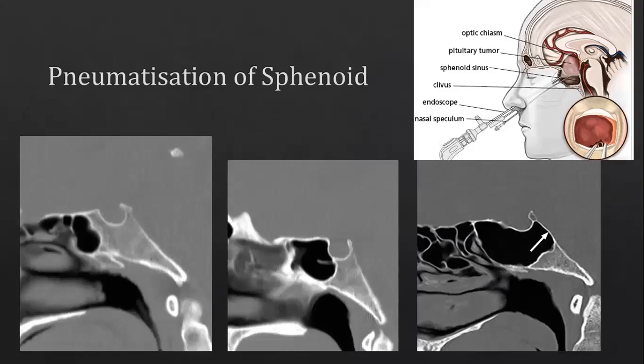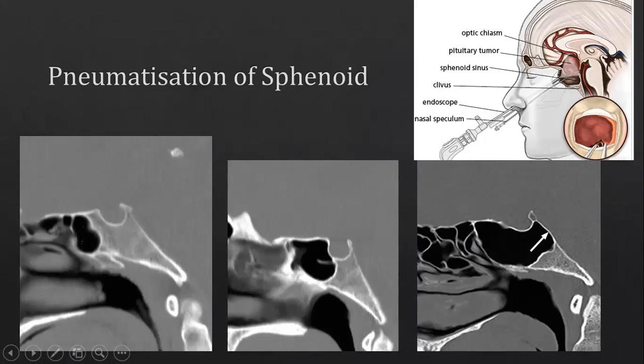We talked briefly about the pneumatization of the sphenoid sinus last time we talked about the anterior skull base, but as the sphenoid is really a middle cranial fossa derivative, a central skull base derivative, I thought it's worthwhile just recapping that. And its relevance, of course, is when an endoscopic surgeon is going to access the sphenoid sinus, either for the pituitary gland or for clival lesions in that region.